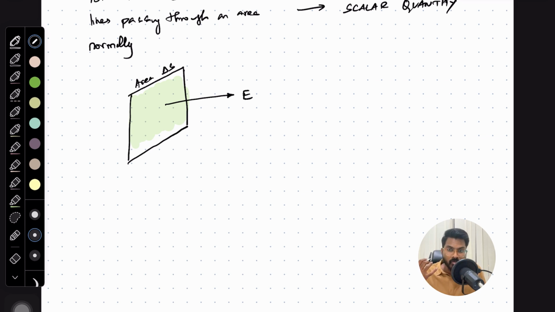Then there is also a normal to this surface, n cap, in the same direction as the electric field, so they don't make an angle. So theta equals 0 degrees. In this case, the electric flux phi E is given by the electric field multiplied by area.